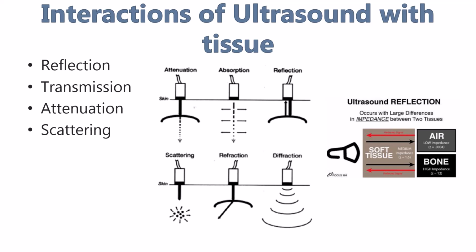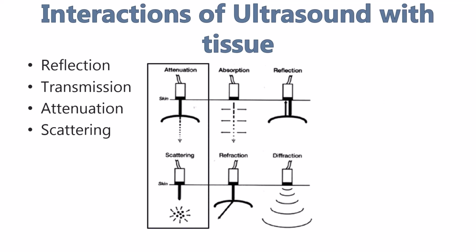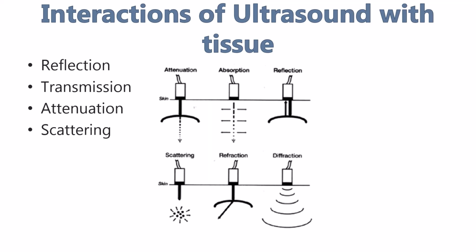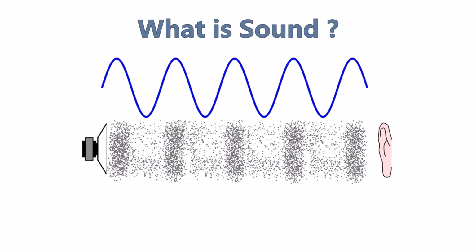There are different ways that the echoes can actually go through the body. They can be scattered, or as they're going through, we have the process of refraction and also diffraction. Sound cannot travel through a vacuum.